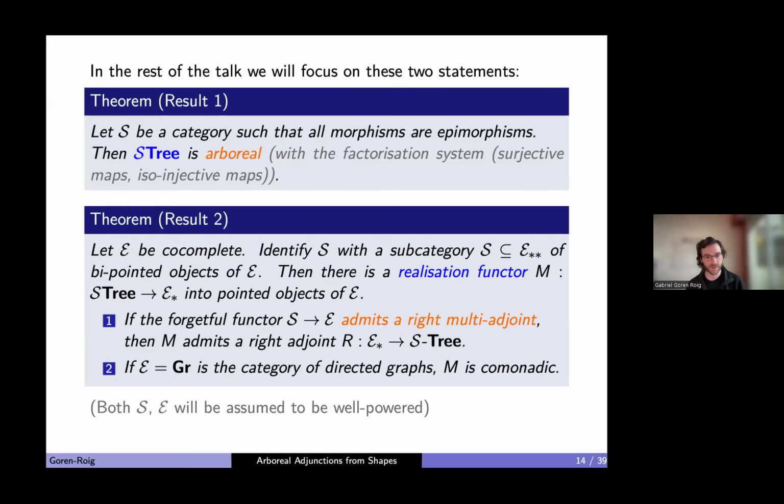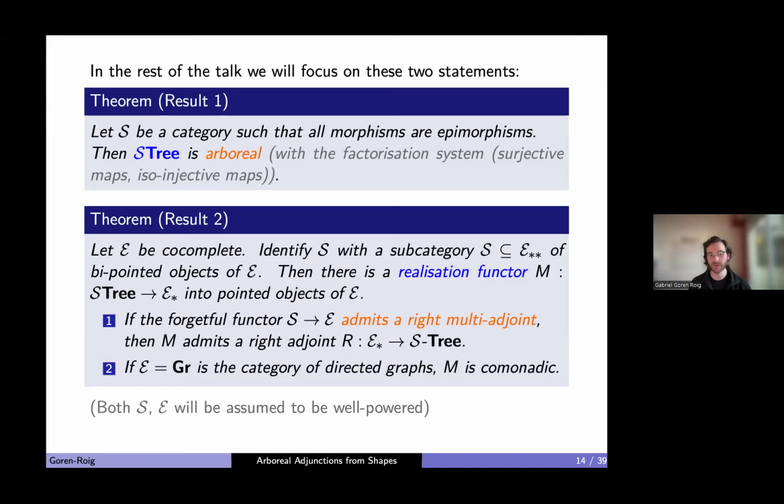And it turns out that at least if we add some other assumptions, such as, for example, if we're working with directed graphs, then this functor is not just a left adjoint, it's comonadic, which means that the coalgebras are precisely the S trees. So we already know them, and we know how they work. And that's also important for the framework.